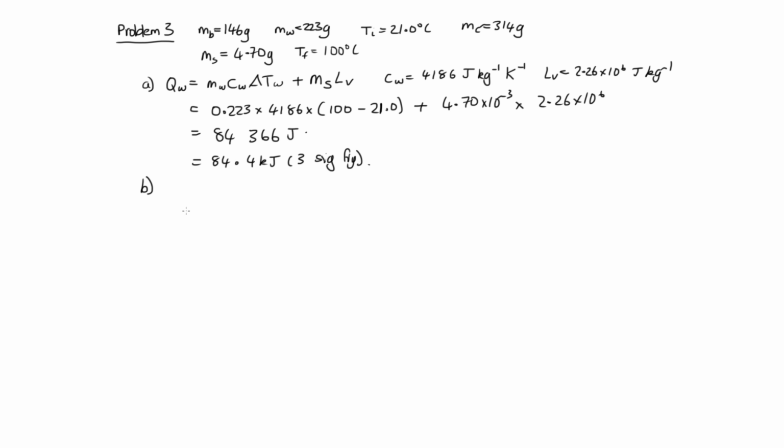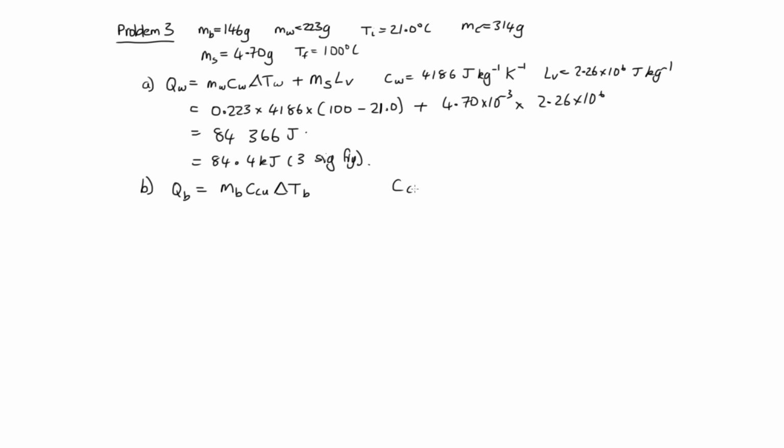Now in part B, it says how much to the bowl. So now we want to know, how much heat's added to the bowl. The bowl doesn't change state at all, and so the heat added just goes into changing its temperature. So we've got the mass of the bowl times the specific heat of copper times the change in temperature of the bowl.